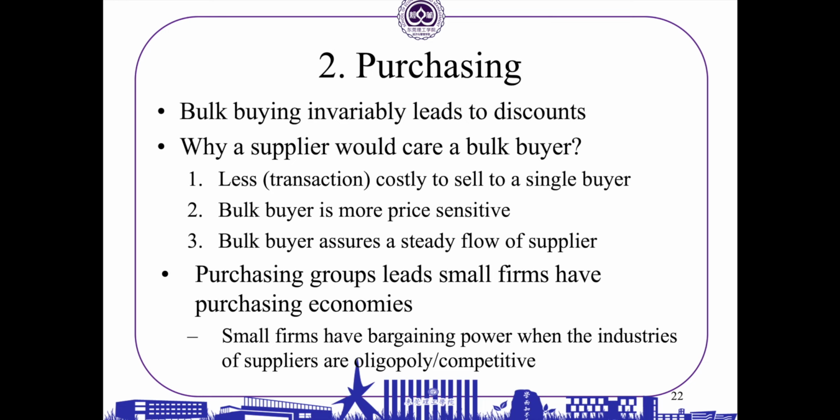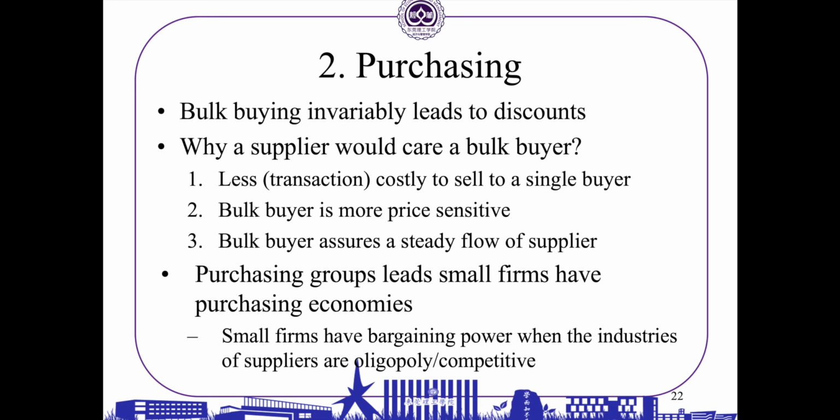There are 3 reasons the supplier may care about a bulk buyer. First, it may be less costly to sell to a single buyer, saving time, logistics, and the paperwork for each transaction. Second, the bulk buyer is more price sensitive.